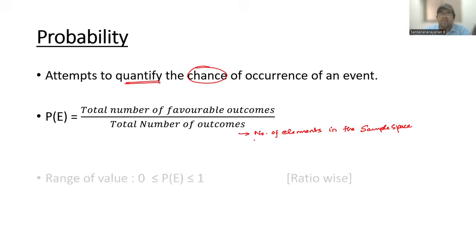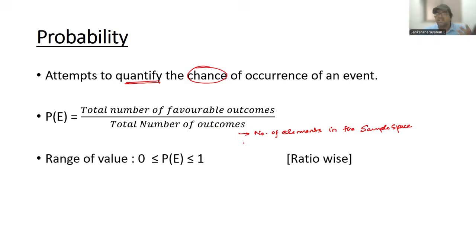Now, if I am considering this probability as a ratio, P of E, please be aware that it's going to take values between 0 and 1. Ratio-wise, the range of values P of E can take is 0 less than or equal to P of E less than or equal to 1.